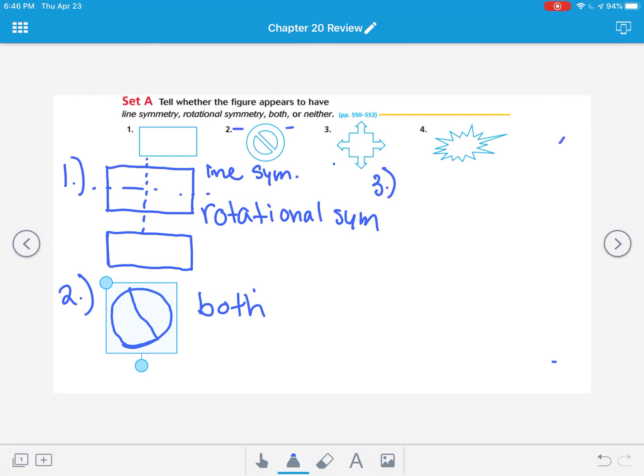All right, number 3, we have this figure here. It looks like a square with arrows coming off of it. I'm going to draw a quick sketch of that.